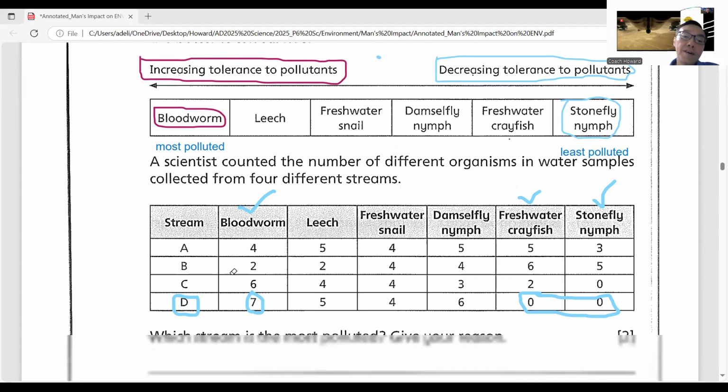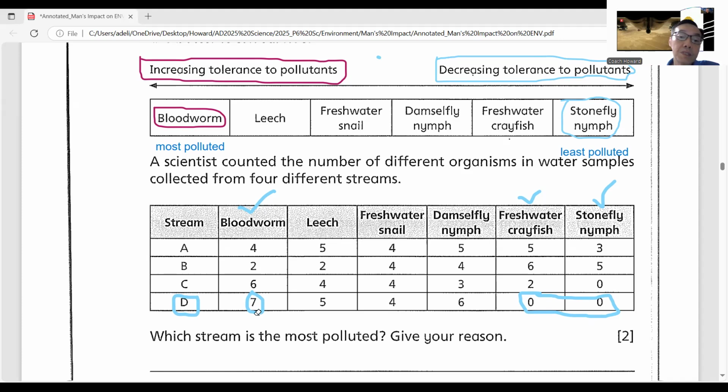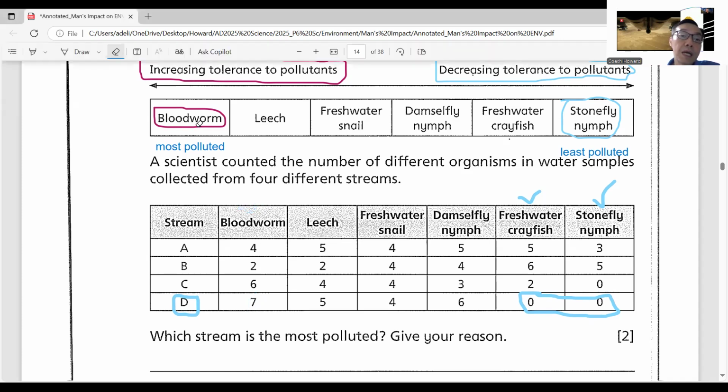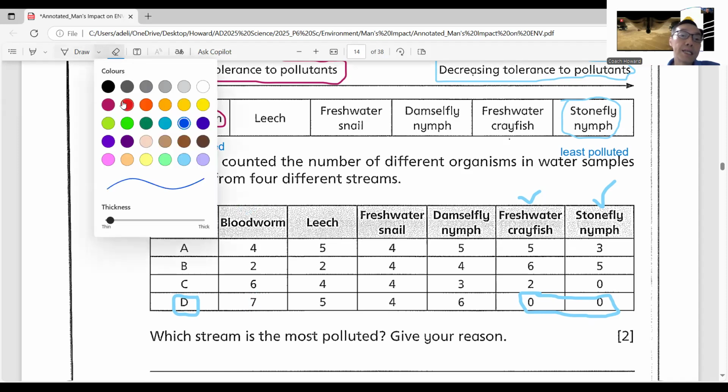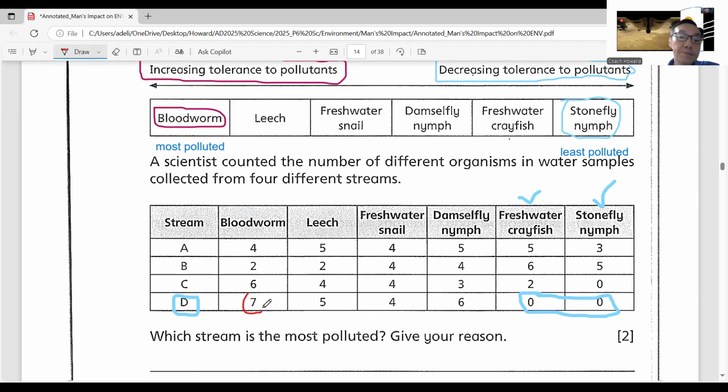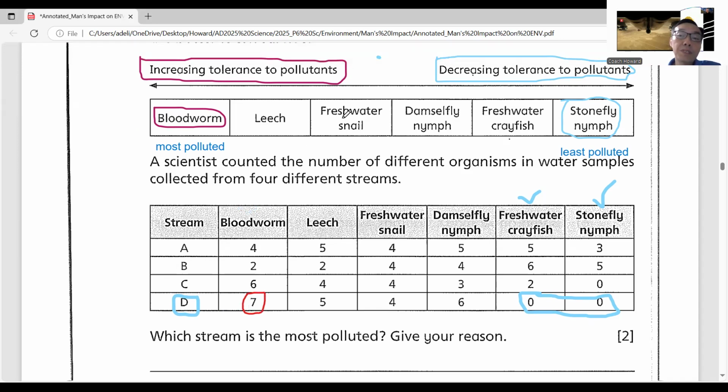And these are 4 streams, A, B, C, D, and they show the amount of each of these 6 organisms present in the different streams. They ask which stream is most polluted. In order to see which stream is most polluted, I will look for the highest number of bloodworm. The highest number of bloodworm, can you see, is 7. And I also want to see the least number of stonefly nymph, and we found there are 0 here.